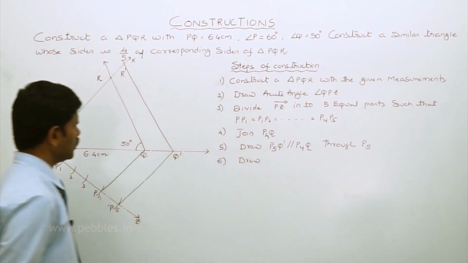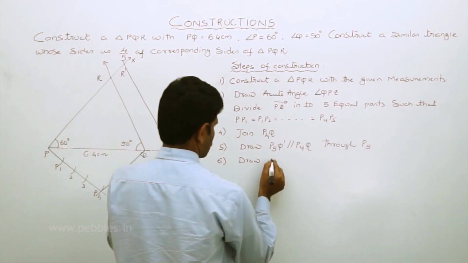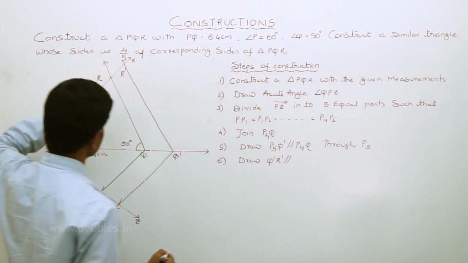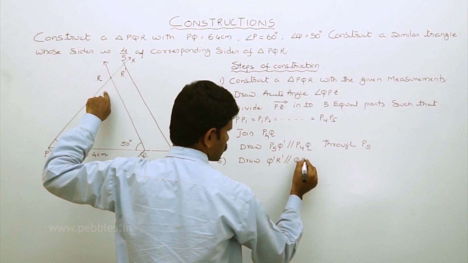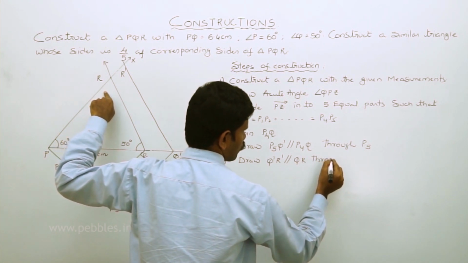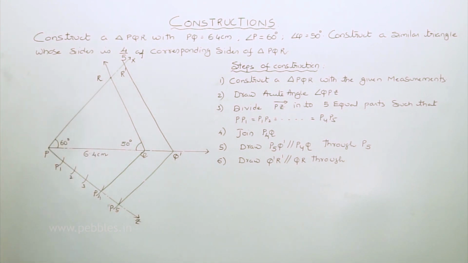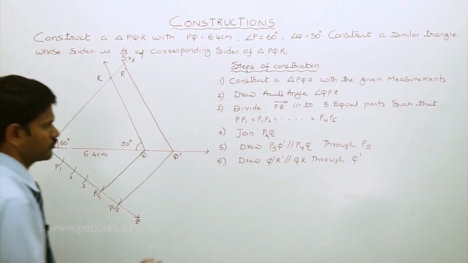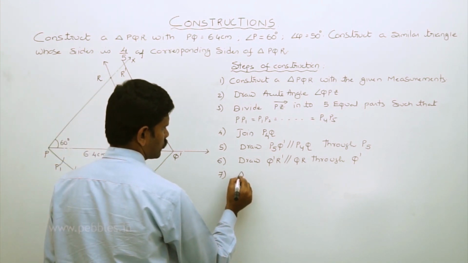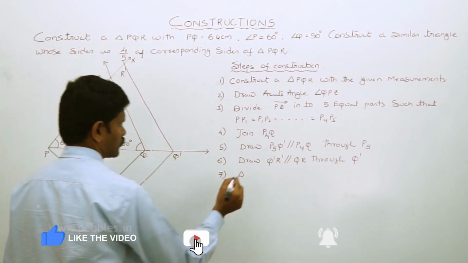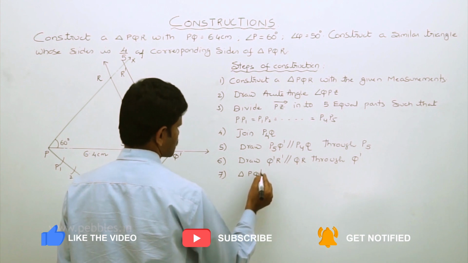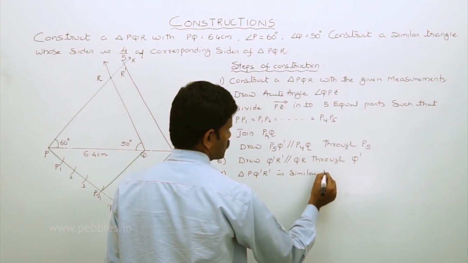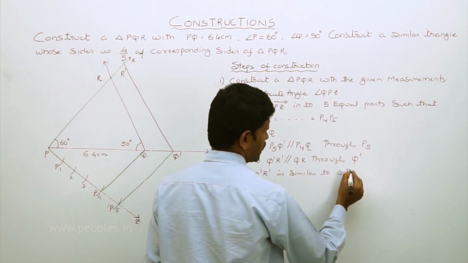Again, draw Q'R' parallel to QR through Q'. Now, triangle PQ'R' is similar to triangle PQR.